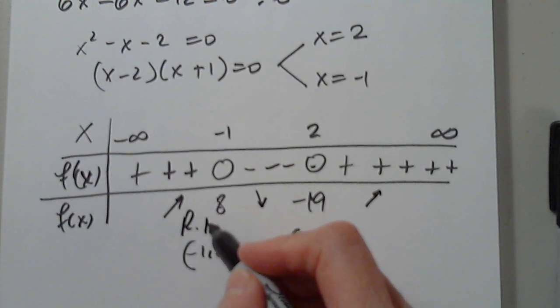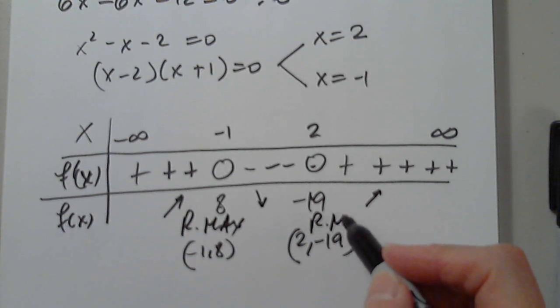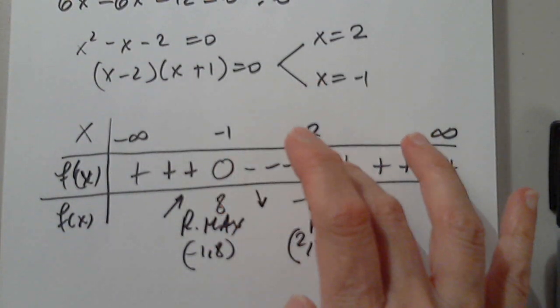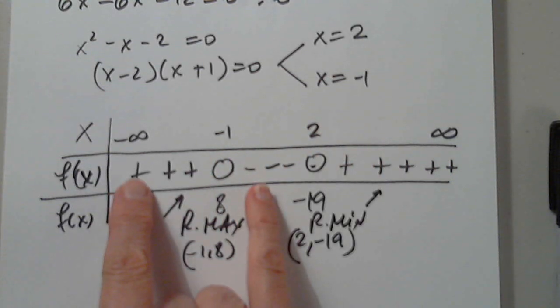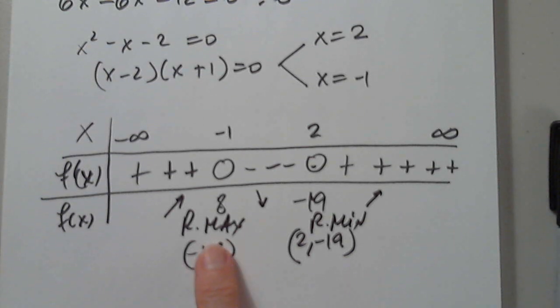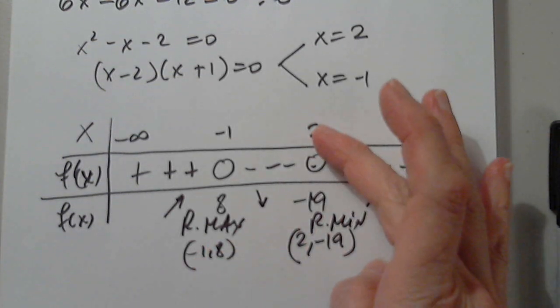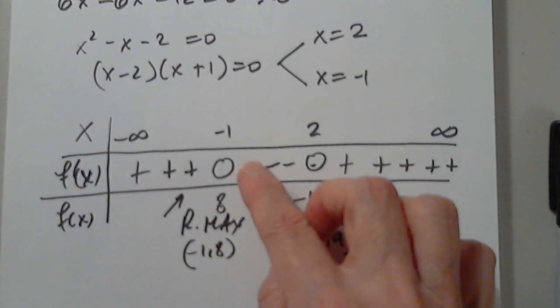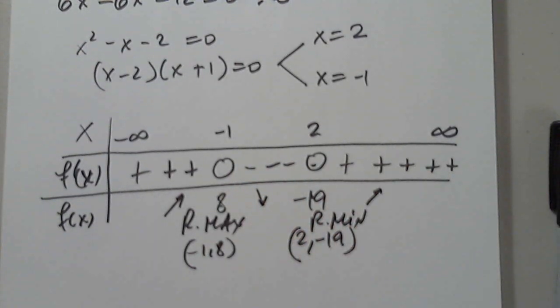Yes, a relative max and a relative min. The derivative is either 0 or undefined, and it changes sign specifically in this way. So it must be a relative max. The first derivative is 0 or undefined, and it changes sign specifically in this way. So this must be a relative min.